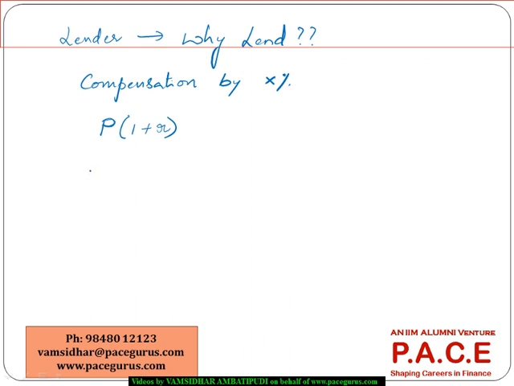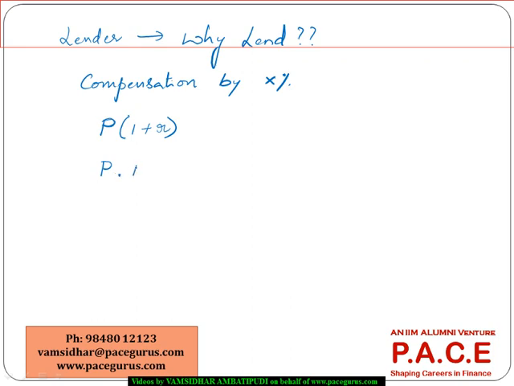But now consider a separate scenario. Out of this P, I have lent it. Now when I am lending it, there is some possibility that this person will default. There is some probability that the person will not default. So in case he is defaulting, what is the amount I can get?